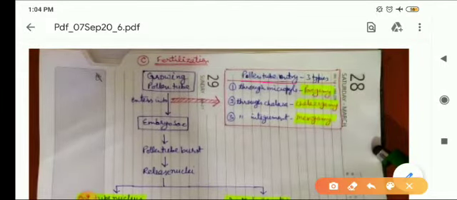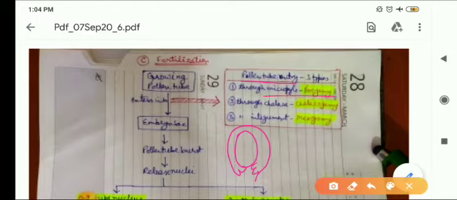Pollen tube entry: through which place does the pollen tube enter? This is the embryo sac. When the pollen tube enters through the micropyle, it is called porogamy, P-O-R-O-G-A-M-Y.